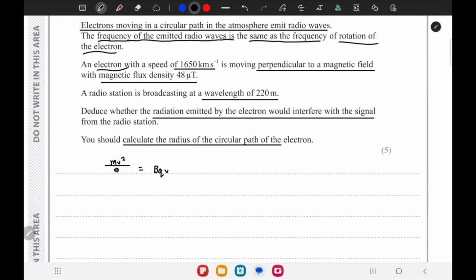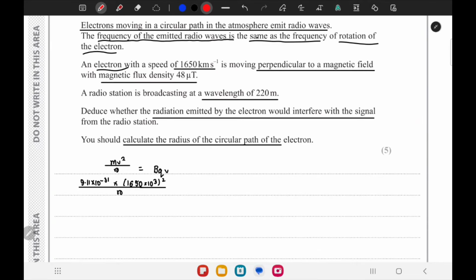The details we do have: the mass of an electron is 9.11 into 10 to the power minus 31. The electron's velocity is 1650 into 10 cube meter per second, squared, divided by the radius.